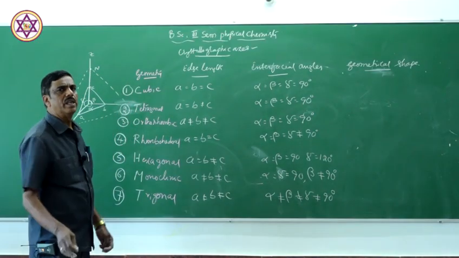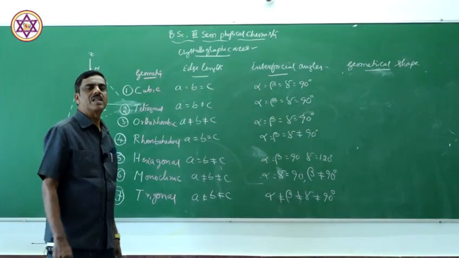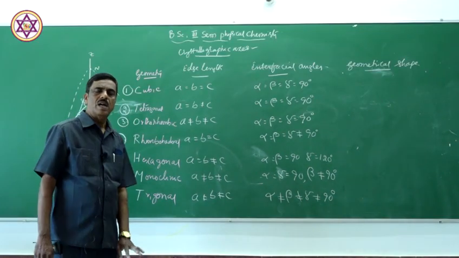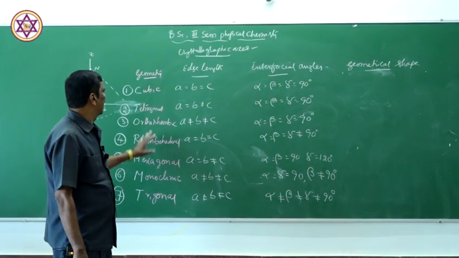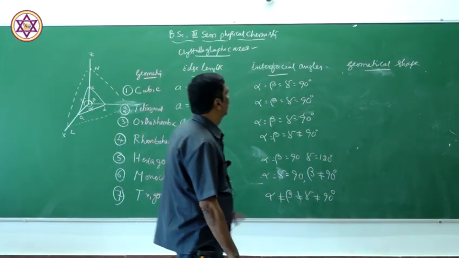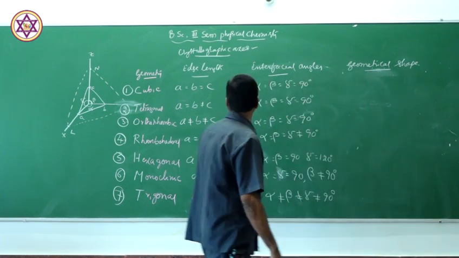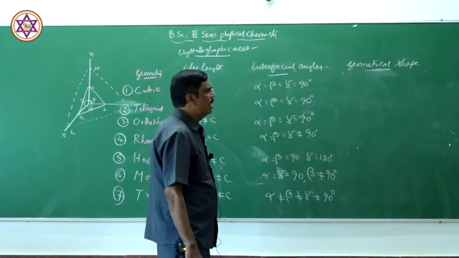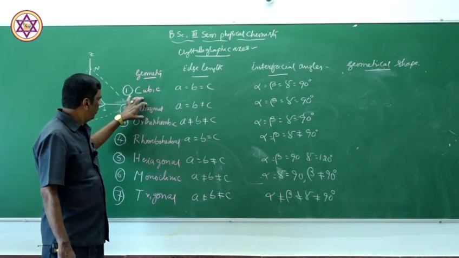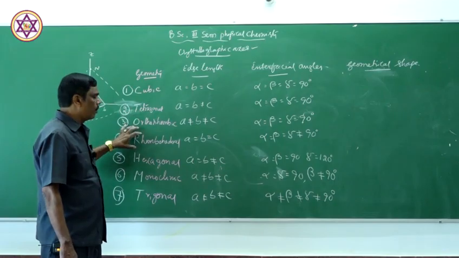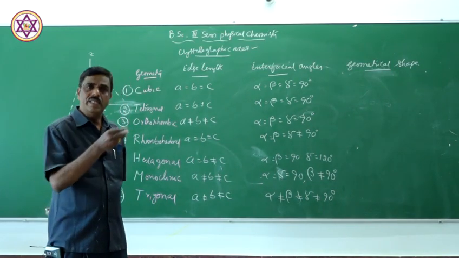So, all the 230 geometrical shapes come under these 7 geometrical shapes. These are the shapes of different types of crystals in crystallography. Now, how many types of cubic, tetragonal, orthorhombic, rhombohedral geometries are there depends upon the arrangement of atoms in this geometrical shape.